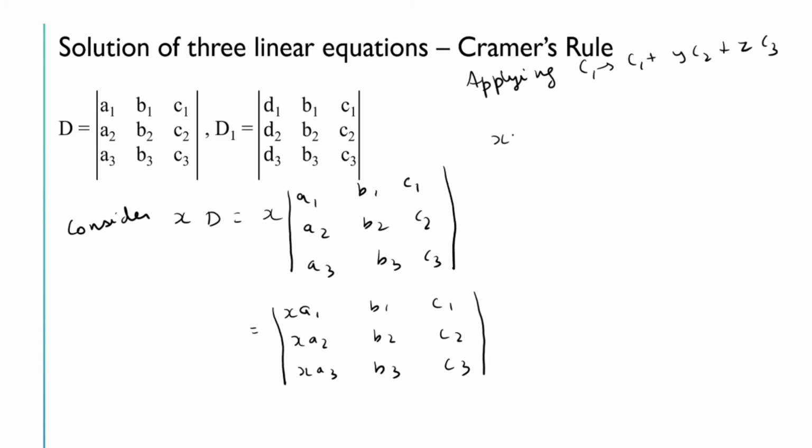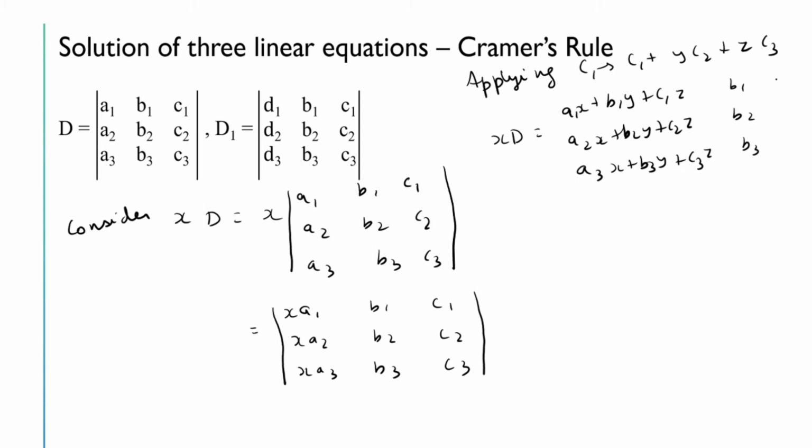So we have x into d is equal to a1x plus b1y plus c1z, a2x plus b2y plus c2z, a3x plus b3y plus c3z. Here b1, b2, b3 and c1, c2, c3.